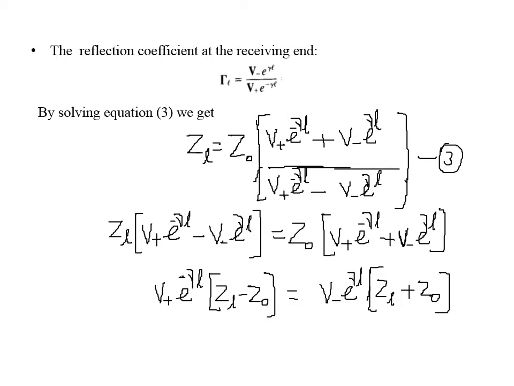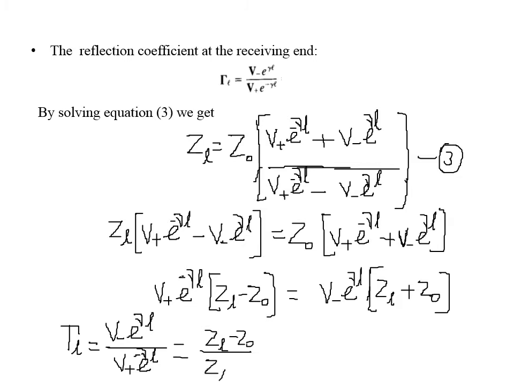As per the reflection coefficient definition, the ratio of the reflected voltage to the incident voltage is equal to ZL minus Z0 divided by ZL plus Z0.